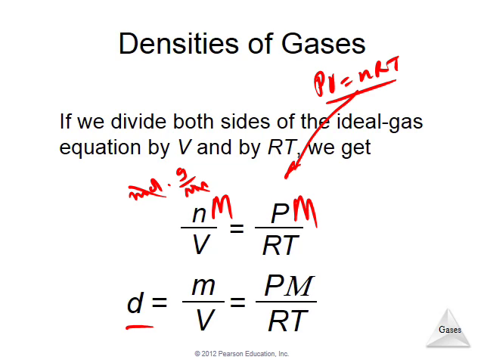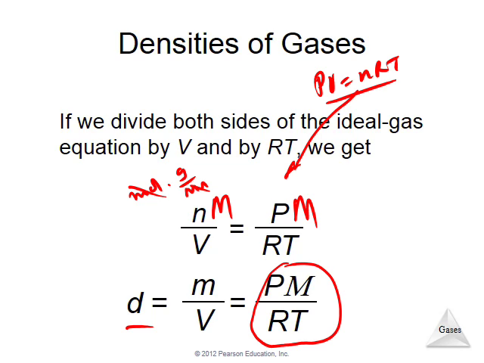So density is given by pressure times molar mass. In case of an atomic gas, it will be atomic weight. For molecular gas, it will be molecular weight. So basically we learned that density is given by pressure times molecular or atomic weight, depending upon in what state the gas is, divided by RT.